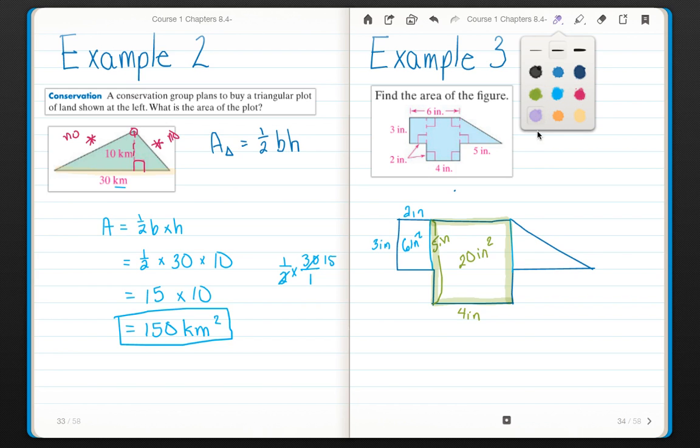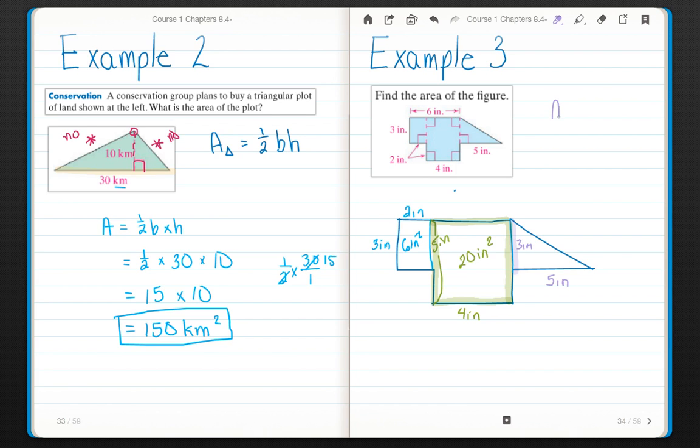Now let's take a look at my triangle here. I know this length right here is 5 inches. That's my base. My height is this vertical distance here. Looking at this shape over here, this distance is 3 inches. This distance over here is also 3 inches.